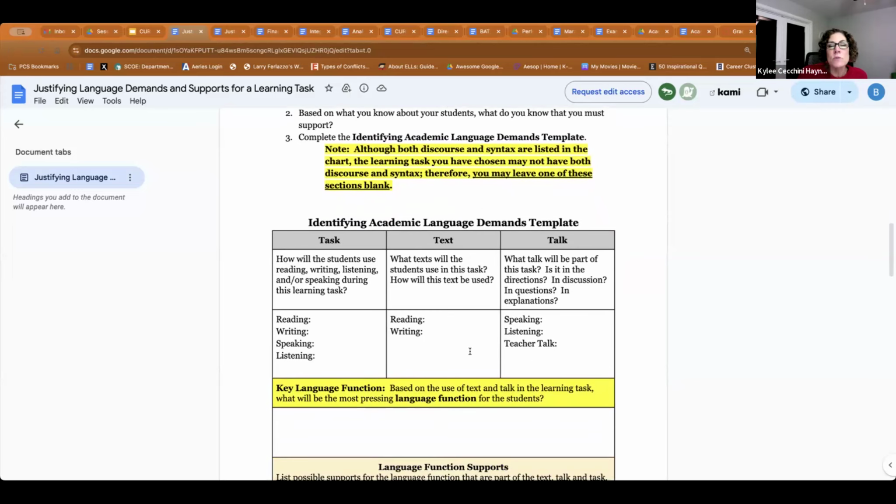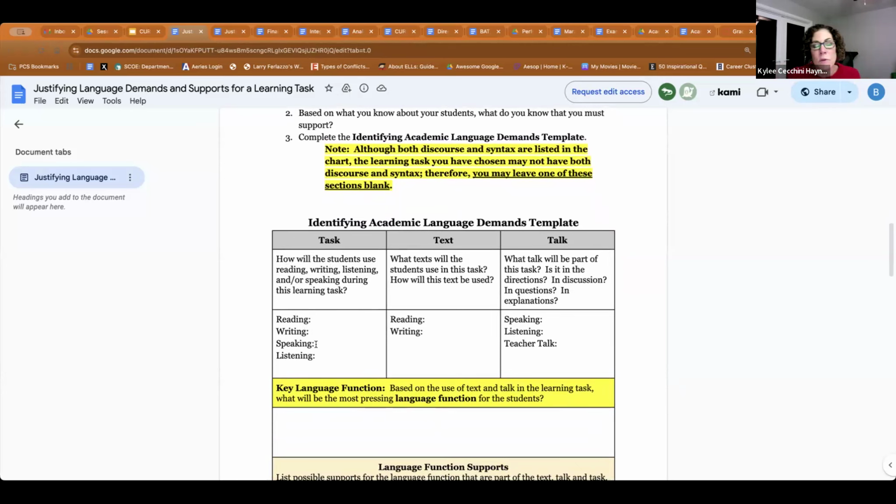So what this does is take you through a thinking process of, all right, how will my students use the reading or the writing or listening and speaking during this learning task? So my students might be reading a sample lab report. They might be writing a sample observation using a sentence frame.